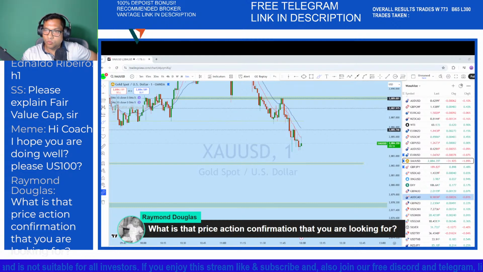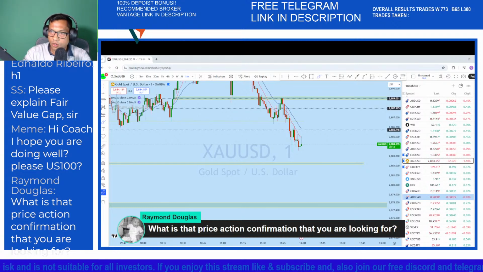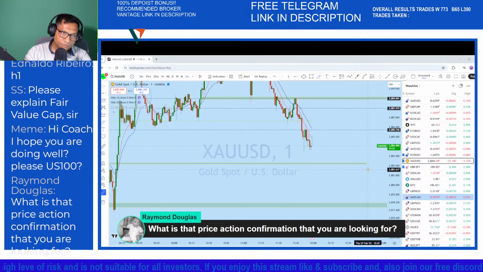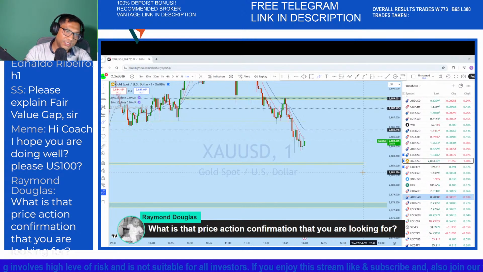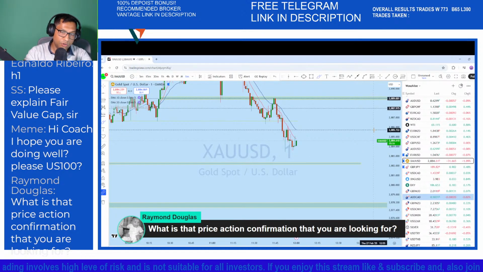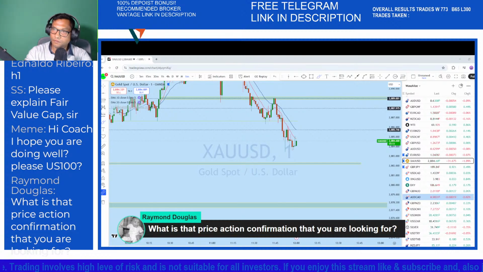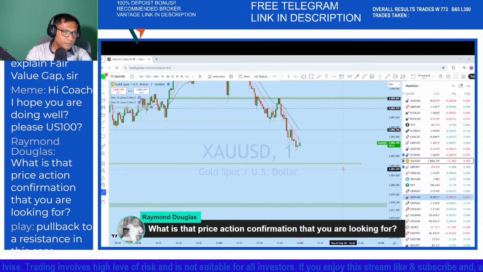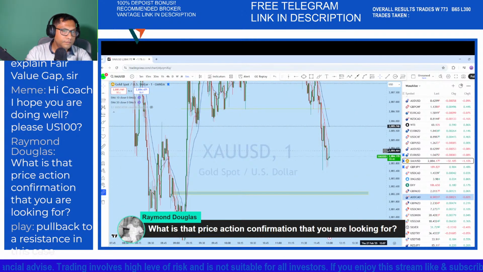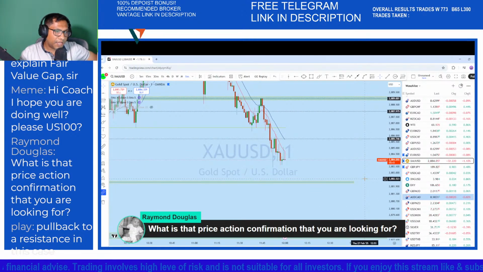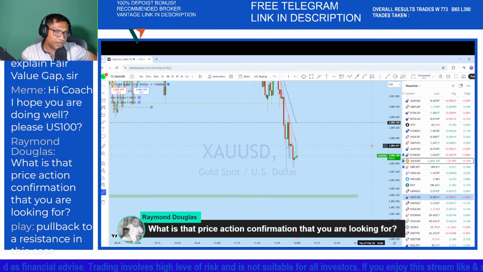I would like to know, guys, what is the price action confirmation you look at when you are looking at the market? And then we'll be looking at this one here. What's your opinion on that? Do you use any price action confirmation, or in fact what is meant by price action confirmation? Also a very important point to look at. What is the price action confirmation, guys, you look at in this market?